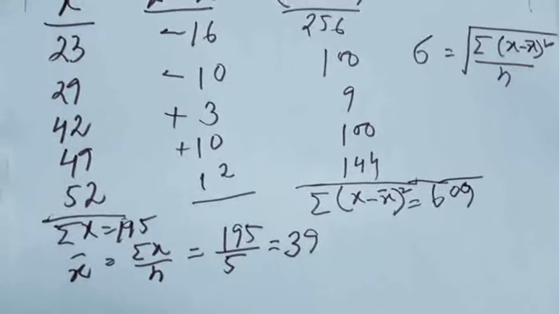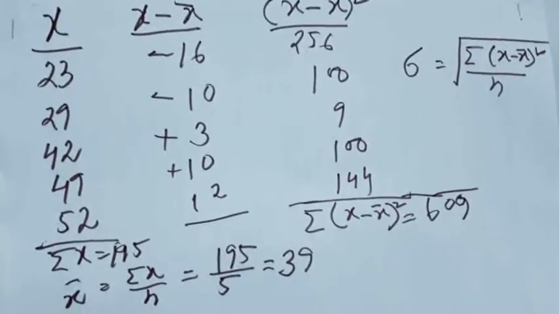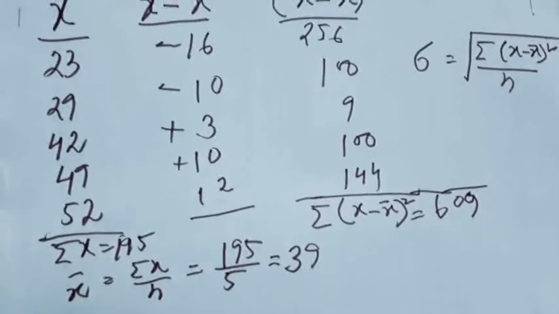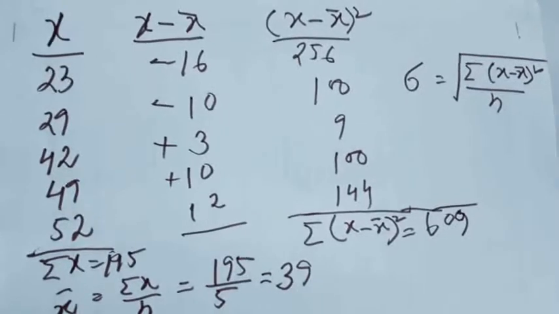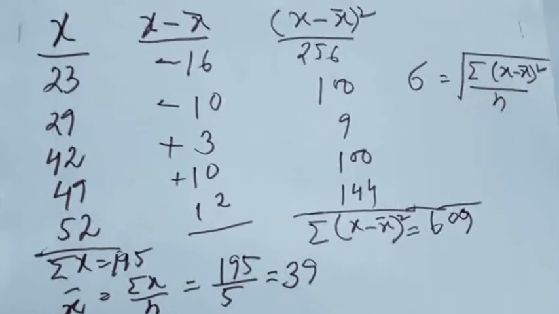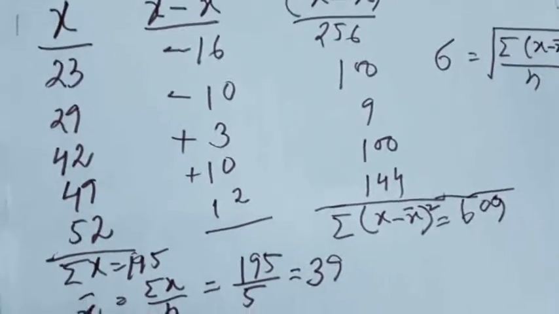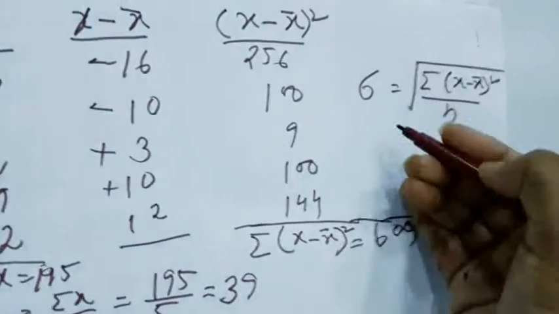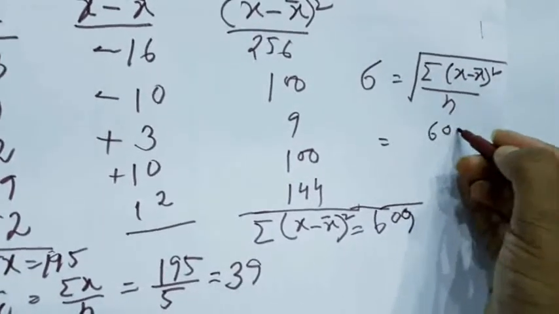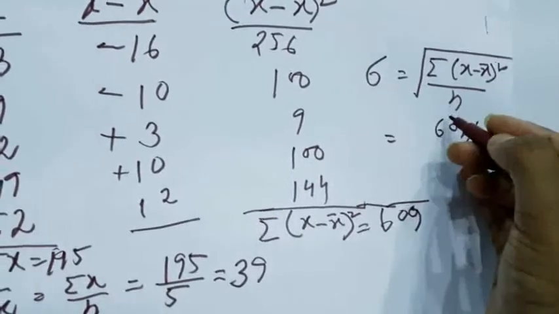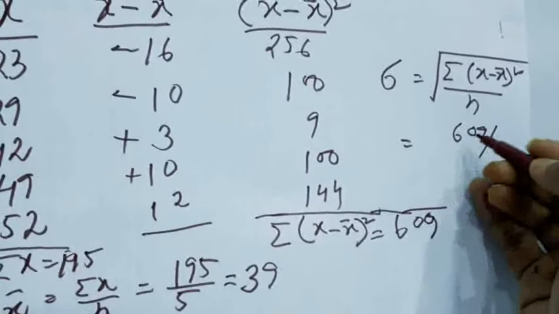Sigma means standard deviation. SD is denoted by sigma. Now we will put this value here. If we put this value, what we will get? This is 609 by n. What is n? 1, 2, 3, 4, 5. N is 5.